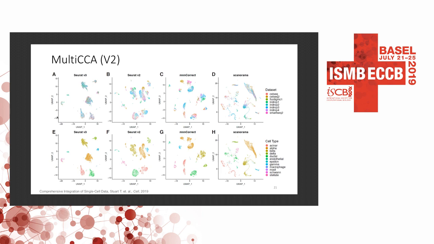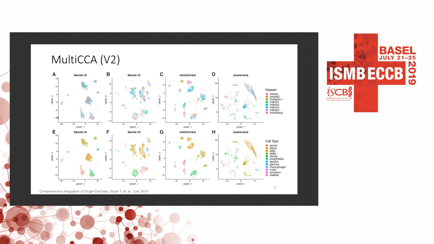These methods rely on an important assumption that your batch effects cannot be too large. If your batch effect is too large, dominating the difference of cell types, then they will make mistakes.